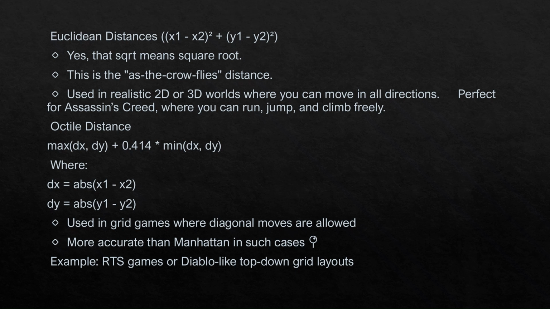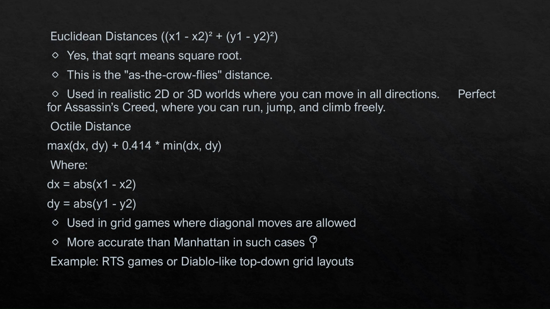And then we have the octile distance. It is the max of change in x and change in y, plus 0.414 times the minimum of change in x and change in y, where change in x is equal to the absolute value of x1 minus x2, and change in y is the absolute value of y1 minus y2. Absolute means you cannot have a negative value because there are no negative steps.